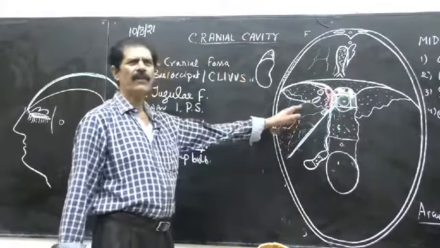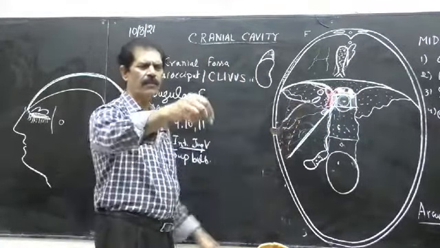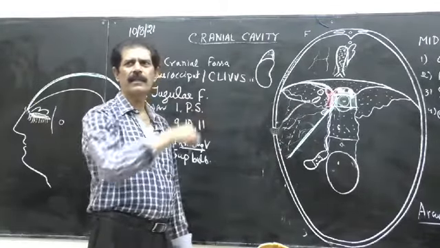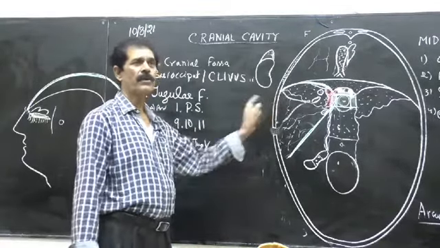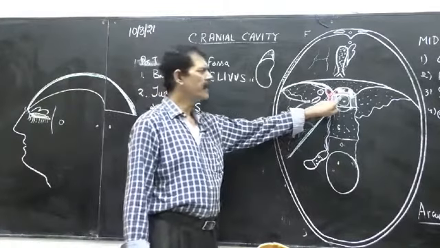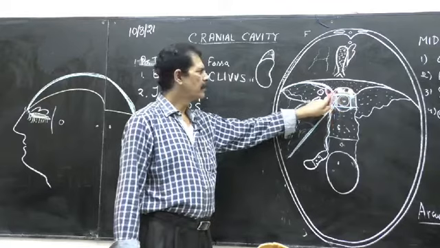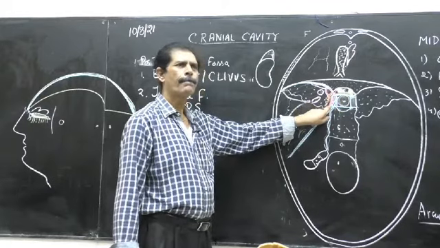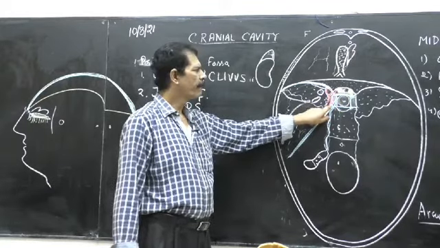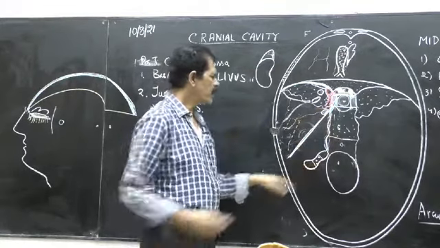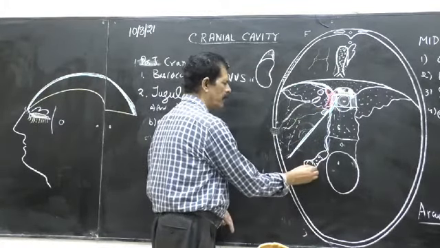This is the position of the cavernous sinus. We will ask you to put your finger where the cavernous sinus lies: on either side of the pituitary fossa. The pituitary gland forms the medial wall of the cavernous sinus, and this is the lateral wall. So this is the superior bulb of the internal jugular vein.